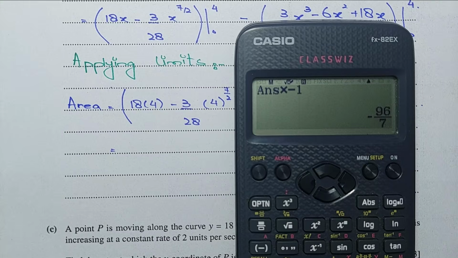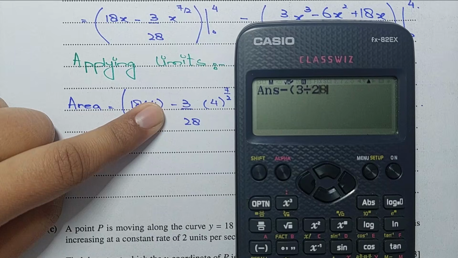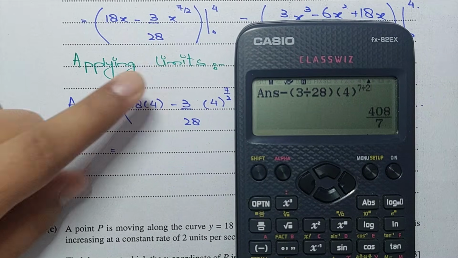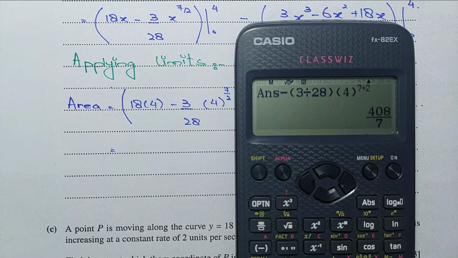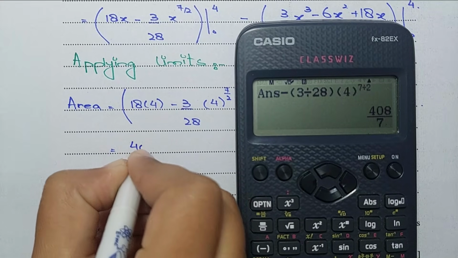This thing adds. 18 times 4 is 72, right? 72 minus, wait a second, let me do it again. 18 times 4 is 72. 72 subtract 3 by 28 and 4 to the power 7 by 2. 408 over 7.